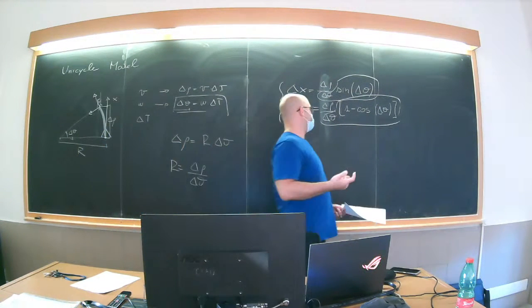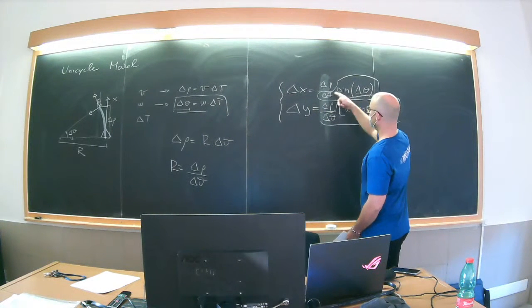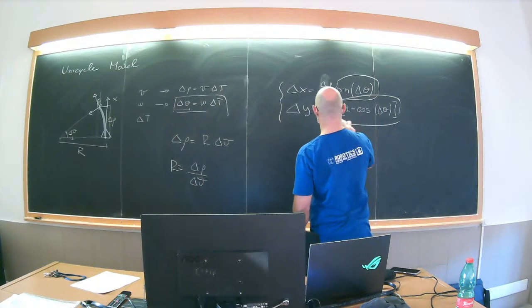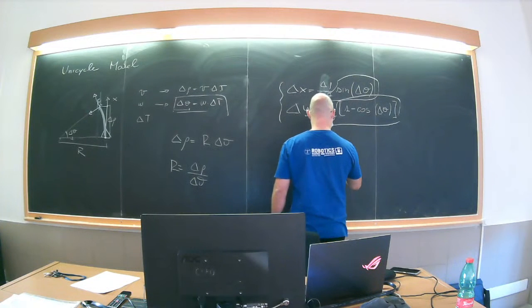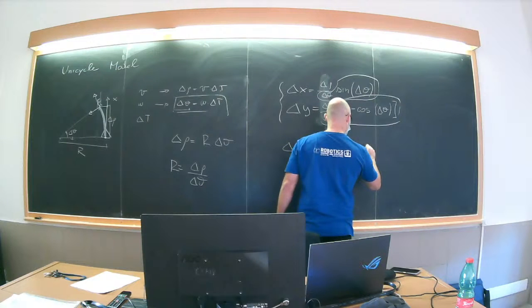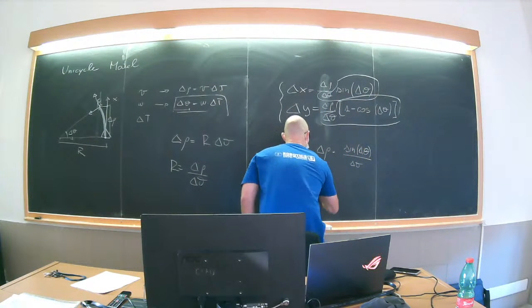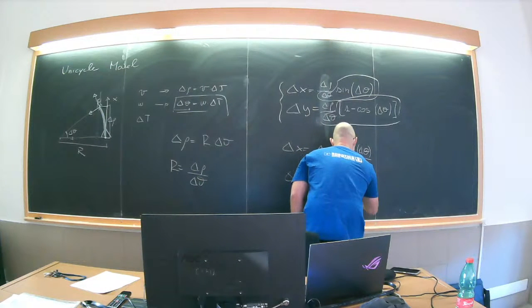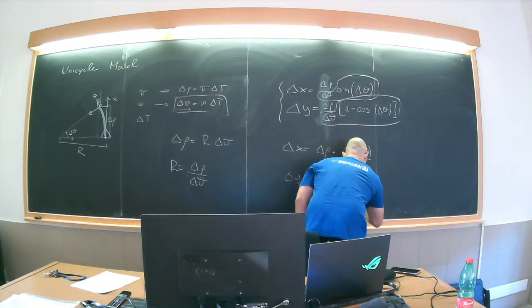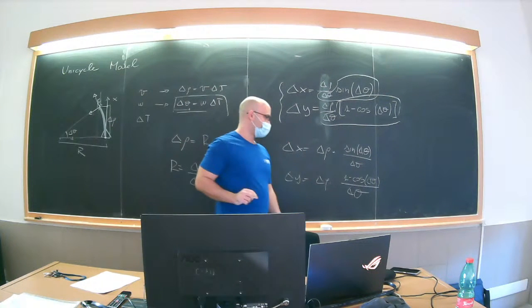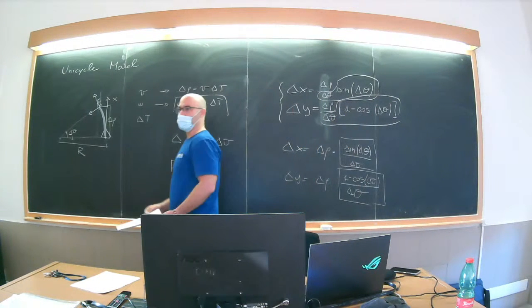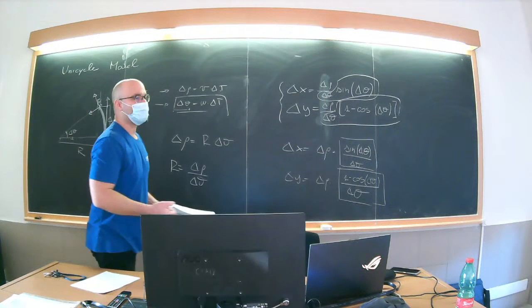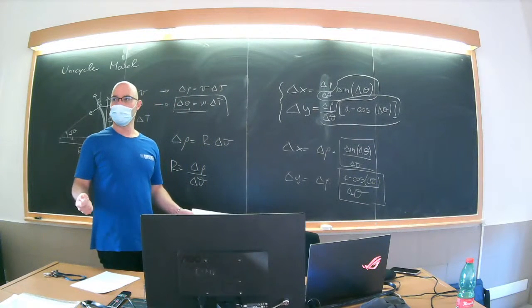So what we can do is replace these two formulas, which are just functions of theta, by their Taylor expansion around delta theta equals 0, truncated to the order that we want.